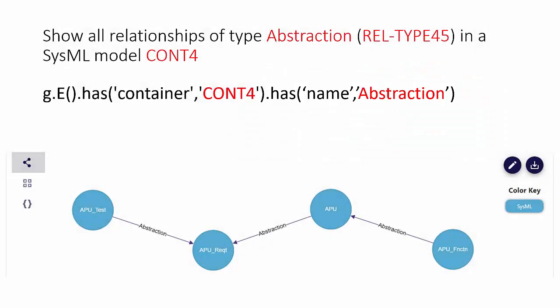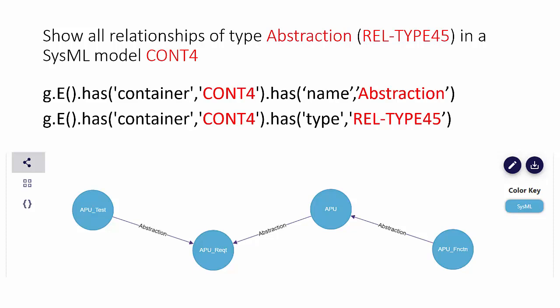The SysML model connections are stored in a container named CONT4, and the name of the relation is abstraction. Alternatively, we could filter by the relation type, REL type 45. At the end of this video, we will discuss how to find out the names of containers and the types of relations.